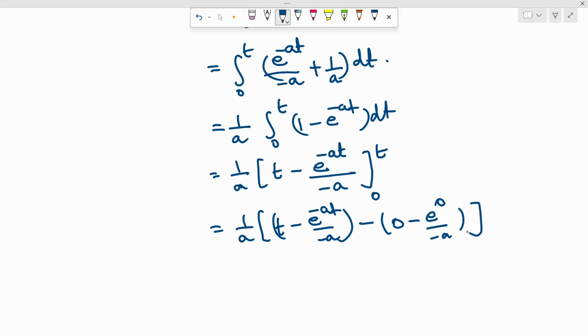Now simplify. 1 by a into t minus e power minus at divided by minus a; minus and minus make plus, divided by a. And here also this becomes positive, minus and minus make plus, the value of e power 0 is 1, which is minus 1 by a.